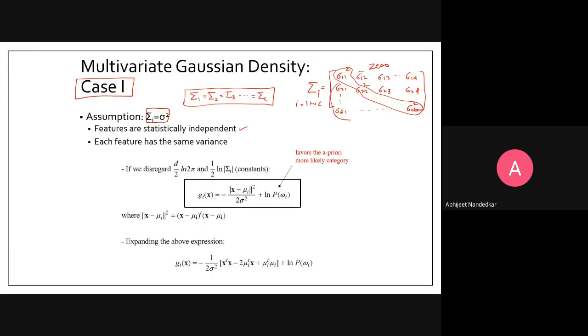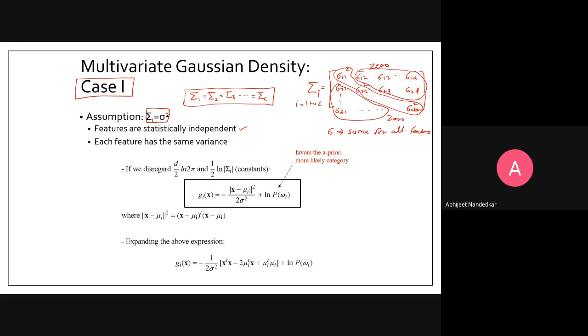So this side of the diagonal and the upper side of the diagonal, the entries are 0, and the diagonal entries are the same. So variance is the same for all features.